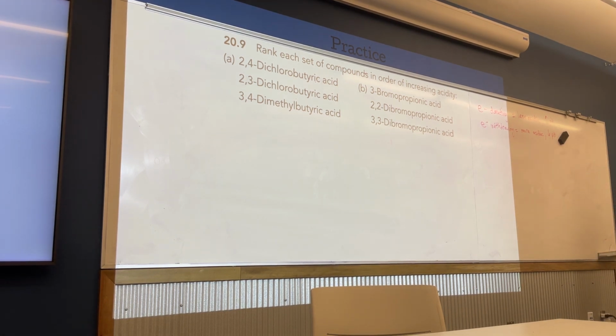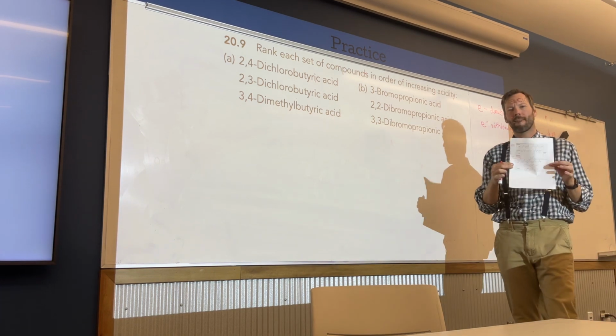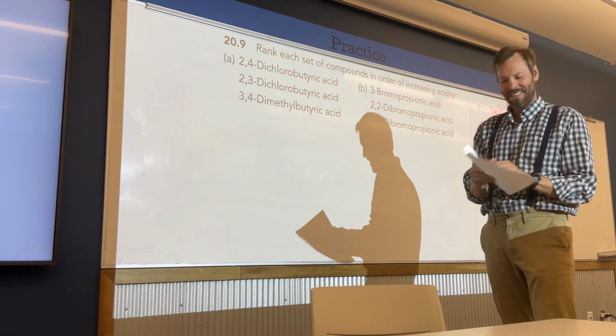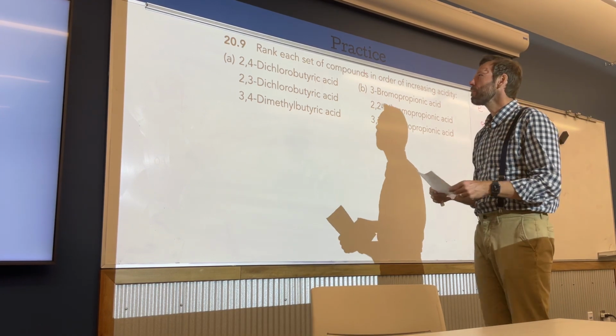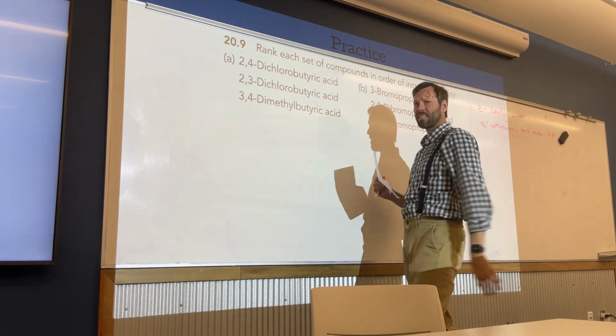So, rank these in order of increasing acidity, or in other words, decreasing pH. Remember this? Maybe I should have had you memorize this because we use this quite a bit, right? You probably have an inkling of what these things are. So, dichloro, dichloro, dimethyl. Butyric acid's the same, right?